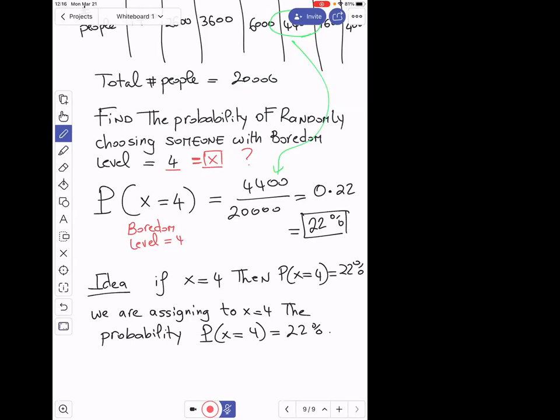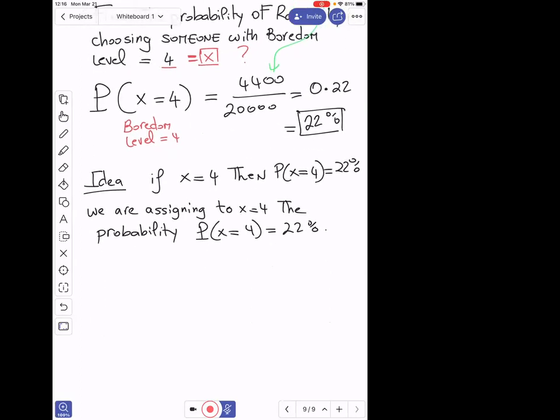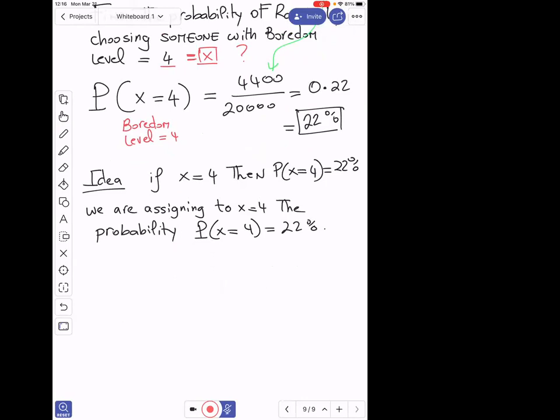So now let's come back to this probability distribution. A probability distribution is an assignment of probability to each value of your variable x. So now let's say you want to find the probability distribution of the variable x.